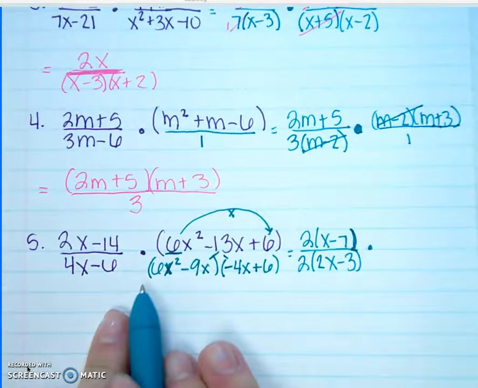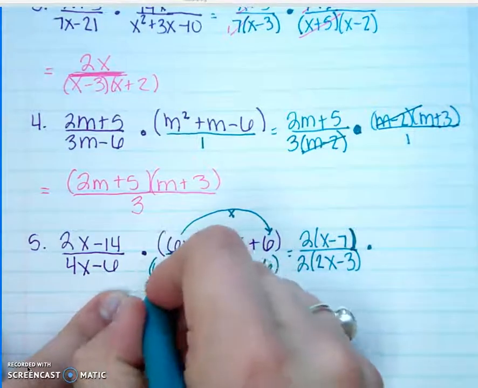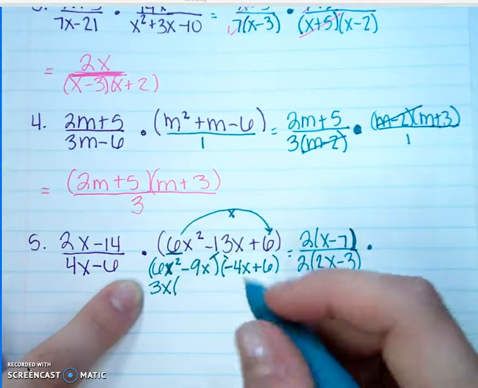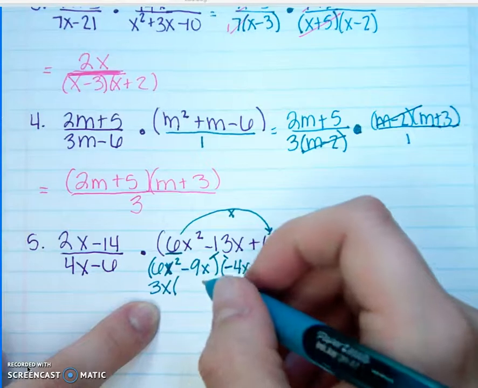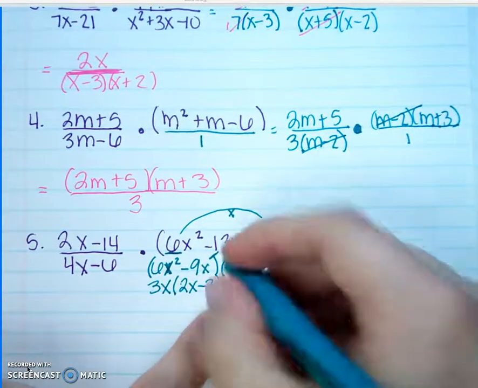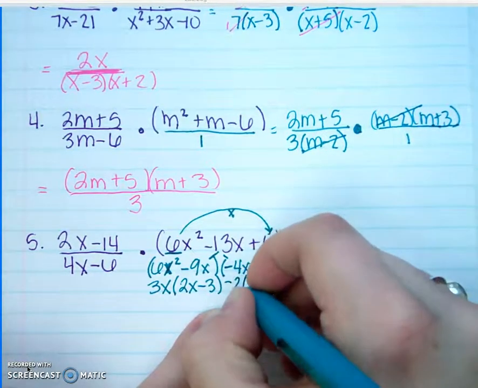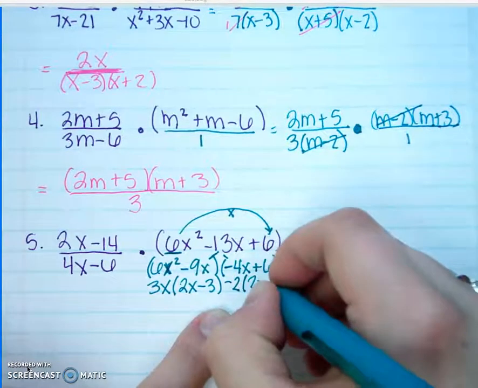I can factor out a 3x. So I'm left with 2x minus 3. And here I'm going to pull out that negative 2. I'm left with 2x minus 3.